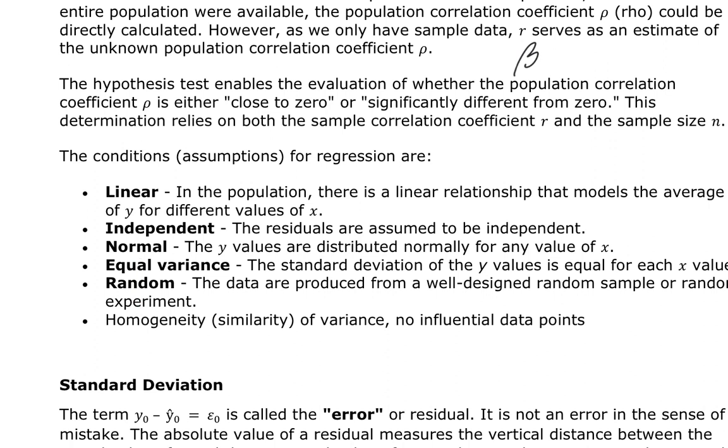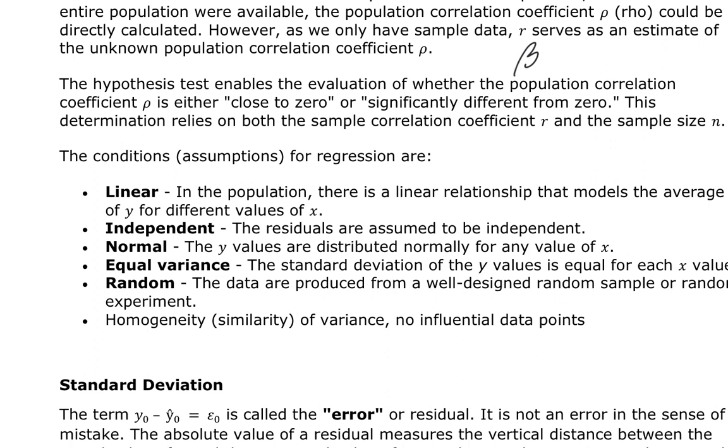Normal: the y values are normally distributed for any value of x. Equal variance: the standard deviation of the y values is equal for each of the x values. Random: the data is a well-designed sample, either a random sample or a randomized experiment. And homogeneity, which is similarity of variance, and no influential data points.